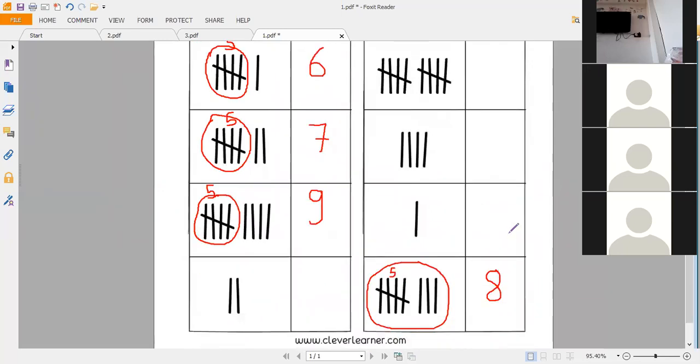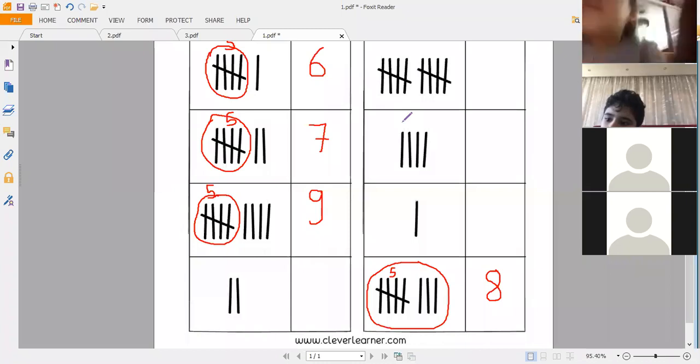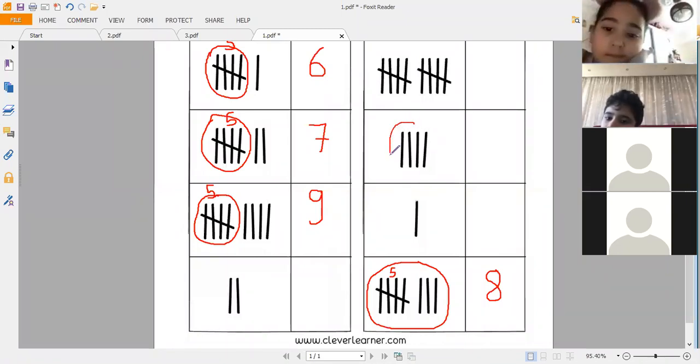It's just the beginning. Okay, which number do these tally marks represent? 4. 1, 2, 3, 4. It will be number 4.